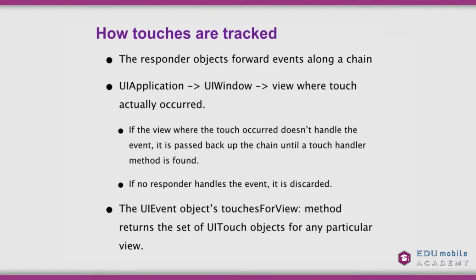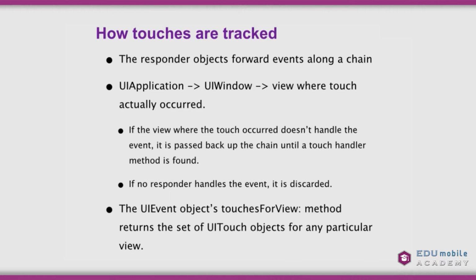So how are these touches tracked? The responder objects are all hooked up in a chain, and they forward these events. The first thing that happens is UIApplication becomes aware that some event occurred, a touch event in this case. It passes those events along to UIWindow, the actual main screen of the application, and that passes the events to the actual view where the touch occurred.